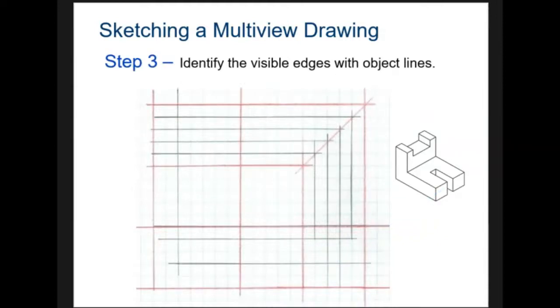So we've identified the visible edges, and now we can draw our object lines.